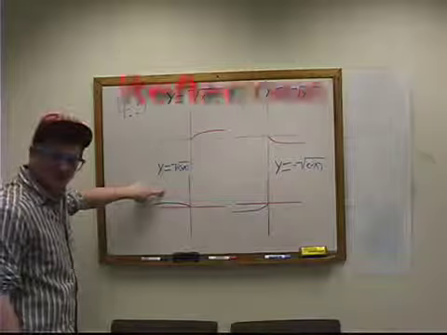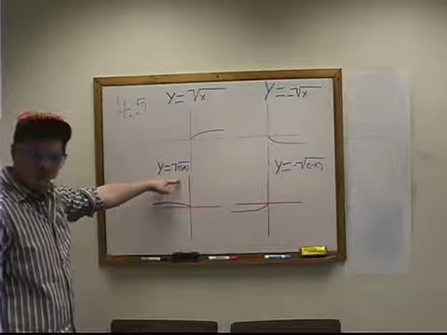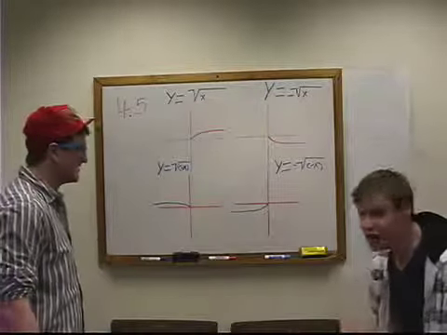This is another reflection. It is a reflection on the x-axis. Clearly, because it's in parentheses. But what happens if you put it on the negatives?